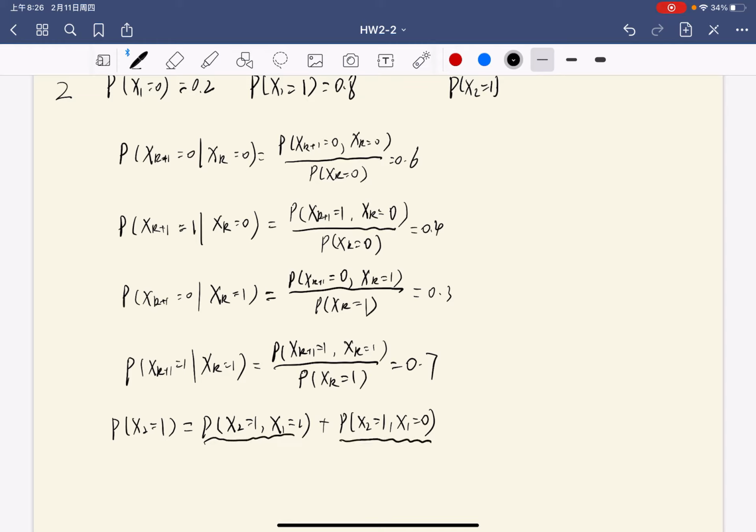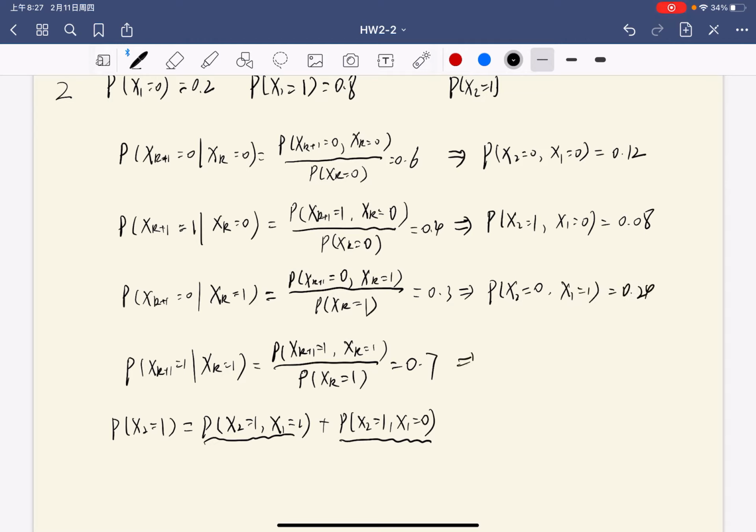Using the conditional probability, we can obtain that P(x2 = 0 and x1 = 0) is 0.12, P(x2 = 1 and x1 = 0) is 0.08, P(x2 = 0 and x1 = 1) is 0.24, and P(x2 = 1 and x1 = 1) is 0.56.